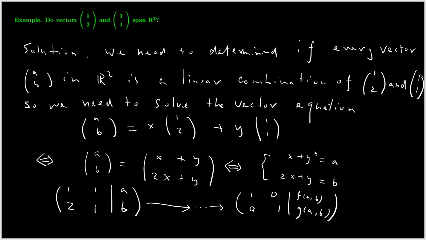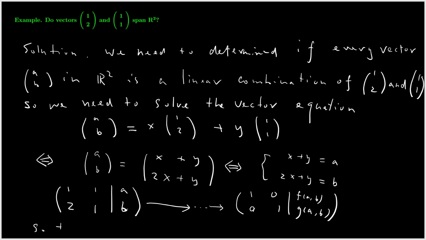That's why this system has at least one solution, which means there's a value of x and a value of y satisfying the vector equation, which means every vector in R2 is a linear combination of the two given vectors 1, 2 and 1, 1. So that makes sense now? I will write one more line.